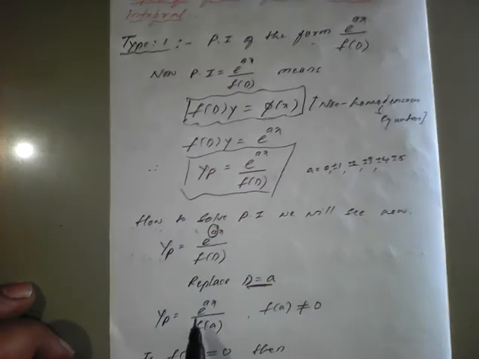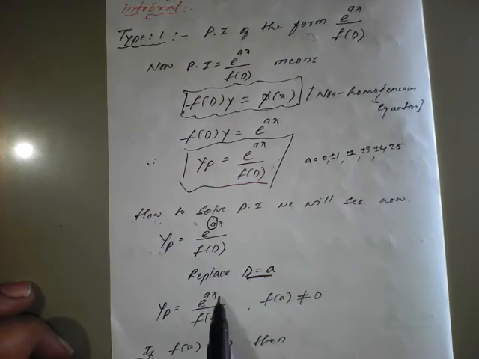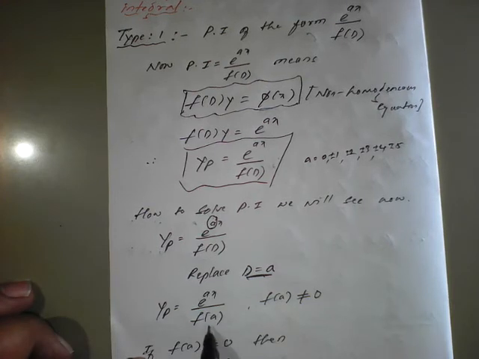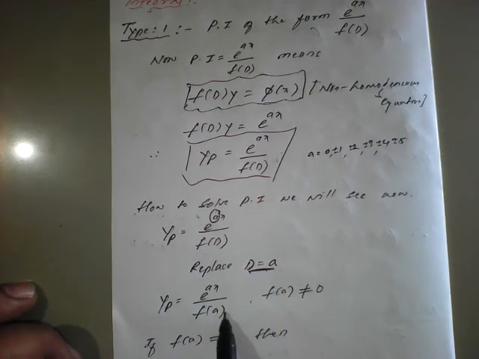So yp is equal to e raised to ax upon f of a, instead of D in general I am replacing a. But a condition applies: once we replace D with a, the denominator should not equal 0, because you know that any value upon 0 is infinity.